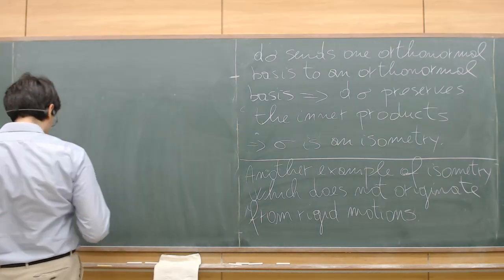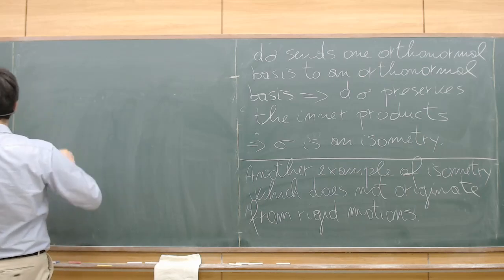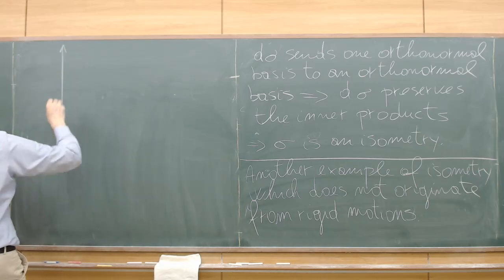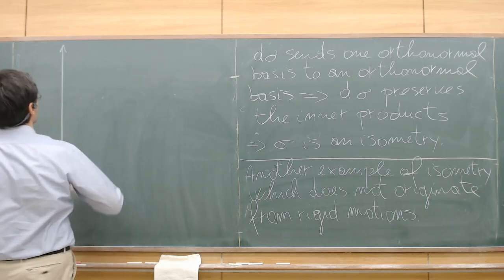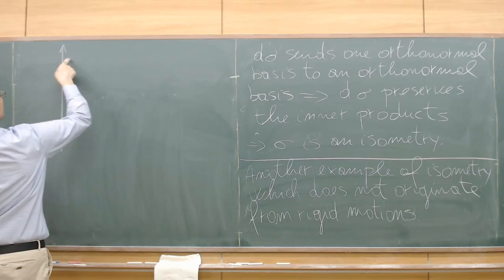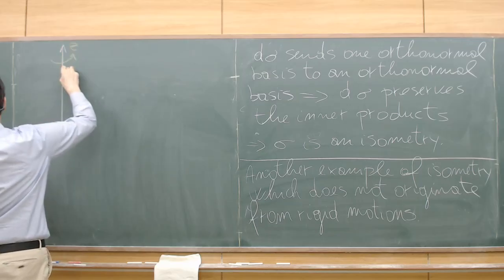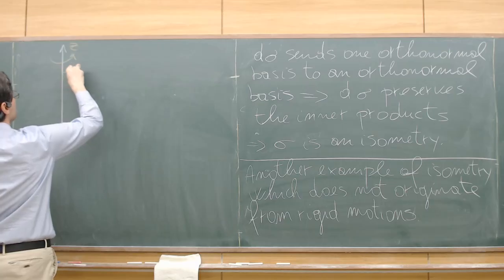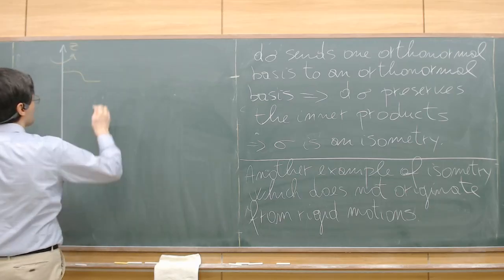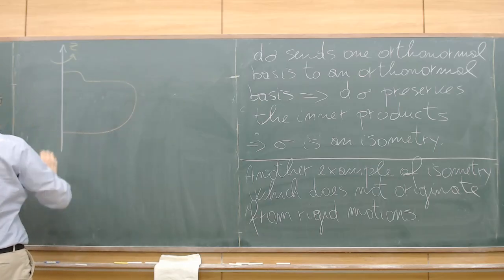So consider the surface of revolution, which is obtained by revolving around the z-axis of this curve here. For example, this one.